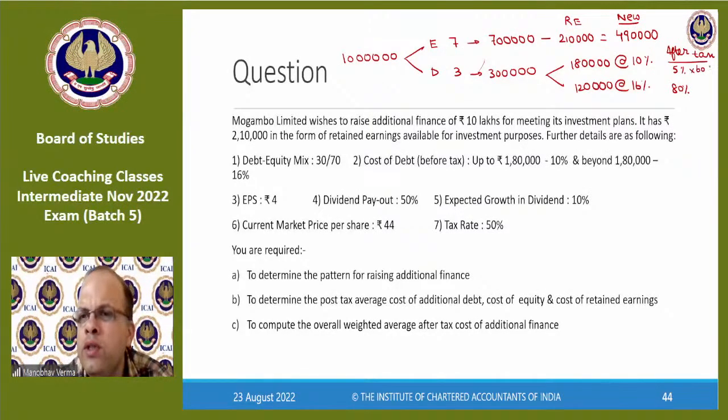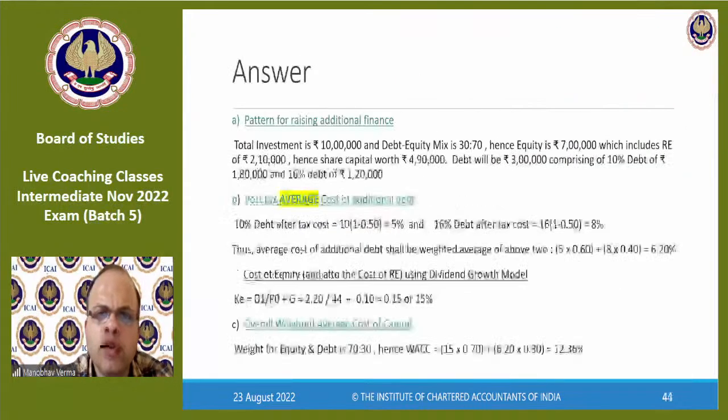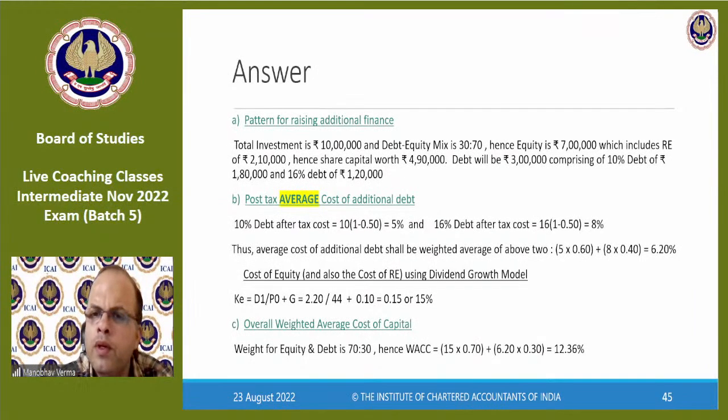So 5 into 60% and 8 into 40%. It seems 6.2 to me. So good. I think many of you have given me the correct answer for cost of debt. We are talking about 6.2%. Looks good, guys.